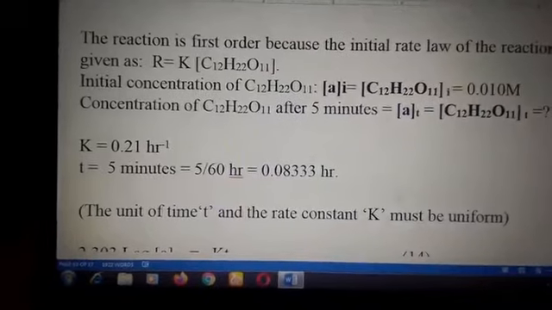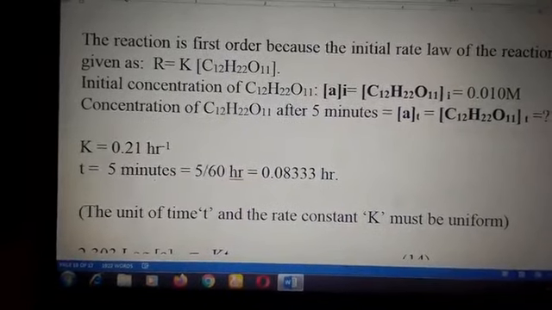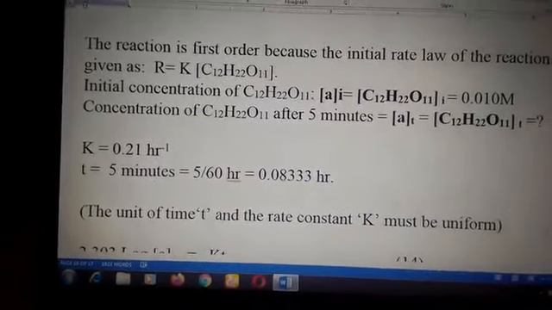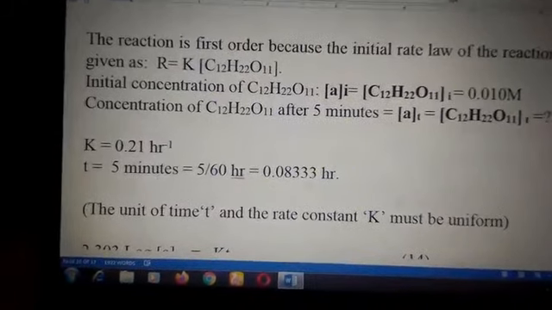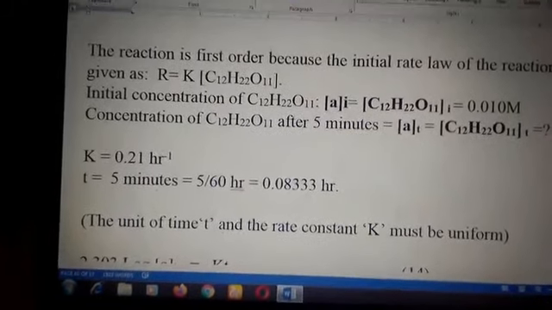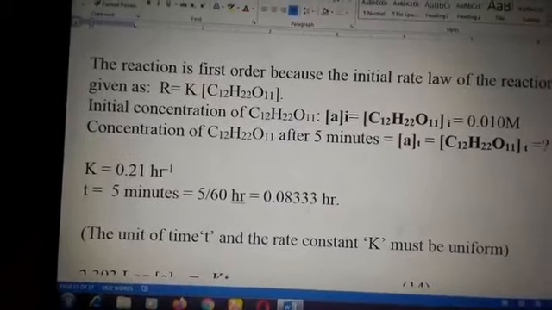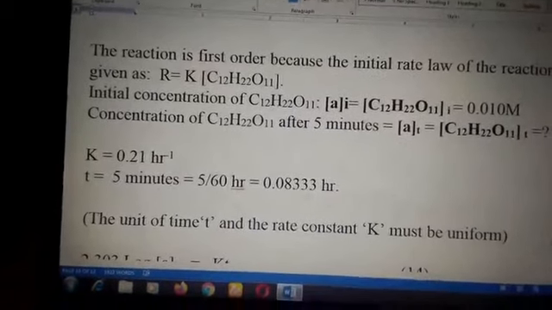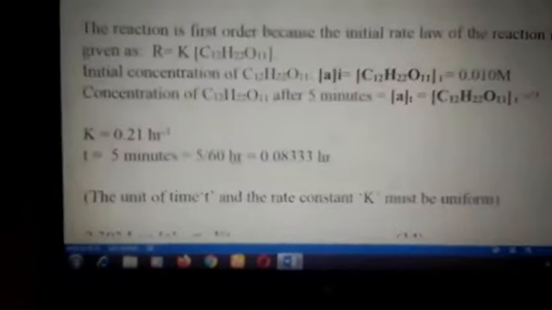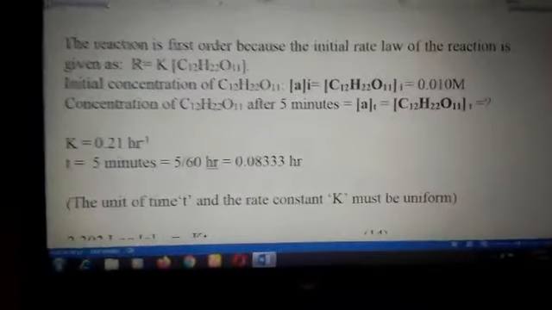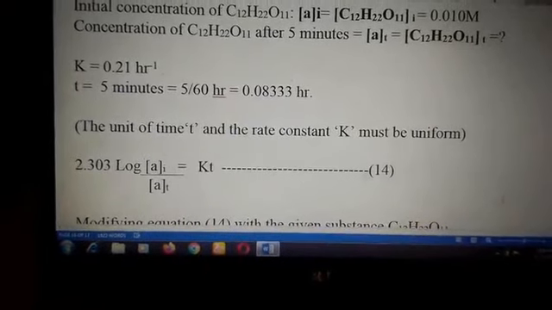Because the rate constant K is expressed in per hour. So the time and the rate constant must have a uniform unit. You can as well leave the time in minutes and convert the K per hour to per minute. But make sure that the two of them have similar units. They should be in agreement. So the unit of the time and the rate constant must be uniform.